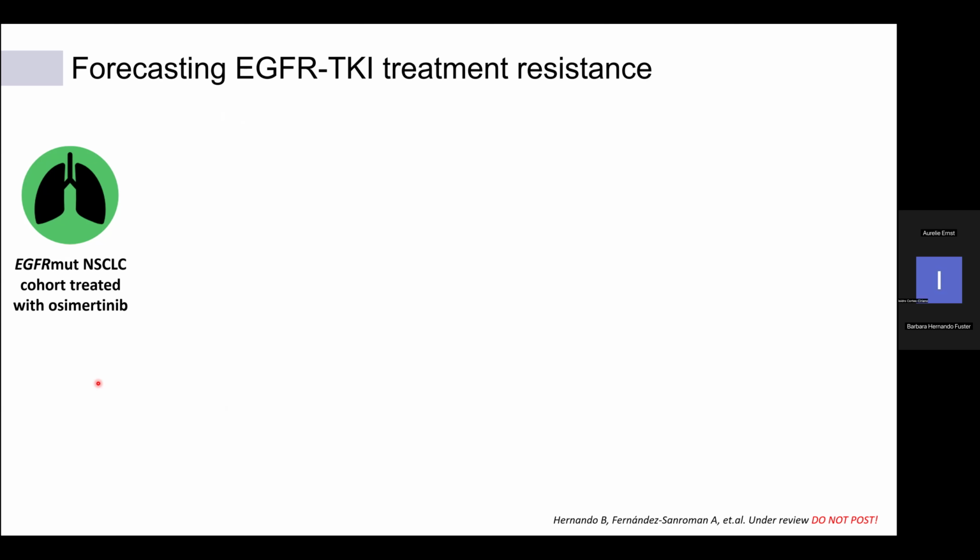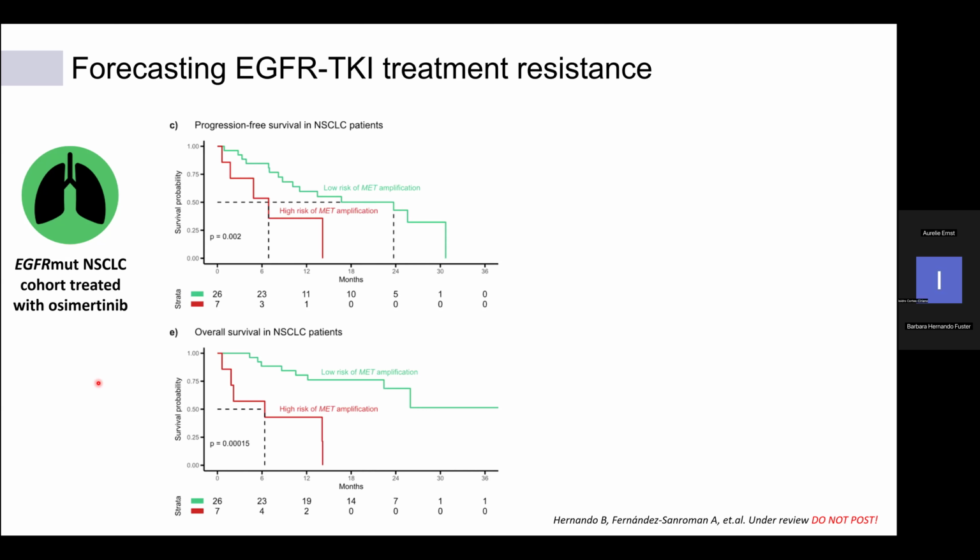But what we used as a proxy was the progression-free survival and the overall survival for those patients. So what we did was to compare the progression-free survival and the overall survival for patients that were classified as high risk of acquiring MET amplification and those that were predicted as low risk of acquiring this MET amplification as a resistance mechanism.